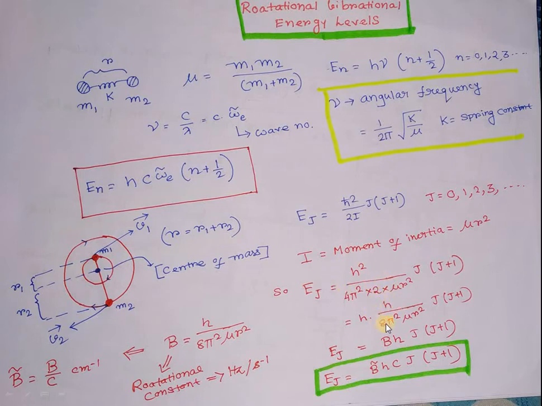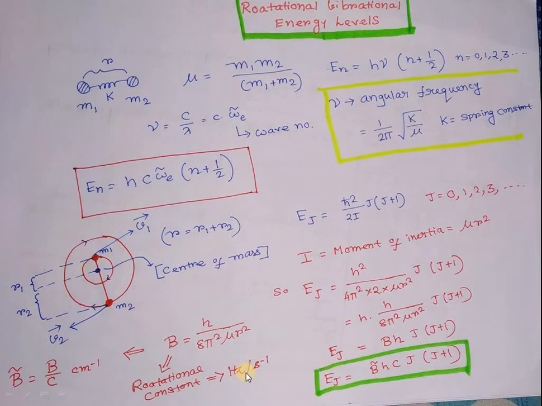Now this term h by 8 pi square mu r square is replaced by a constant called B, or the rotational constant. So the equation is reduced to the following form: Ej is equal to Bh into j into (j plus 1). B is called the rotational constant, and the unit of this rotational constant is Hertz or second inverse.